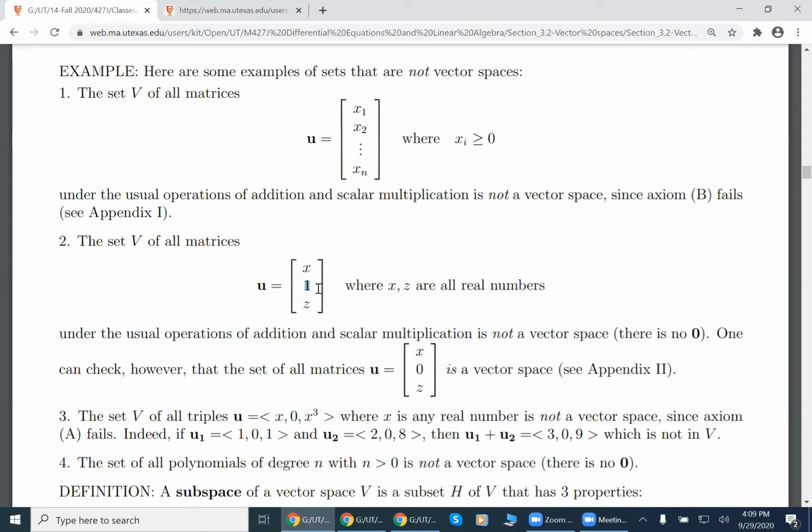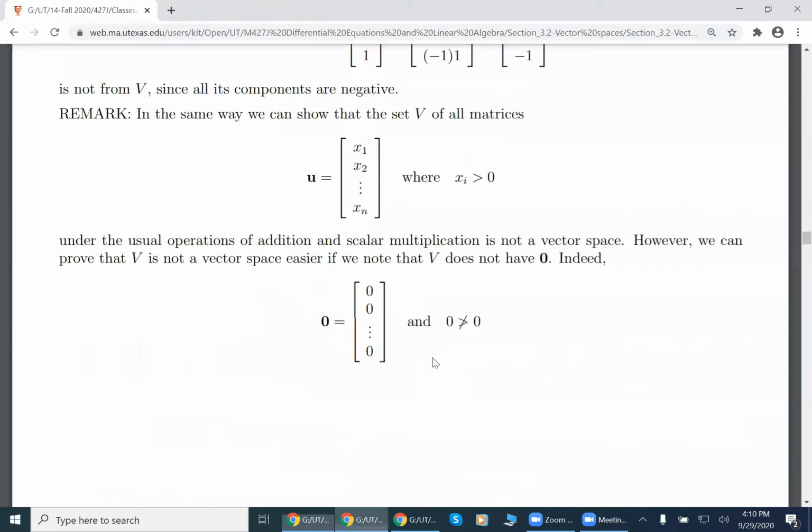So we cannot write 0 in this way. In contrast, if instead of 1 we put a 0, this set is a vector space, and we show it in Appendix 2. Moreover, we show it in 3 different ways.